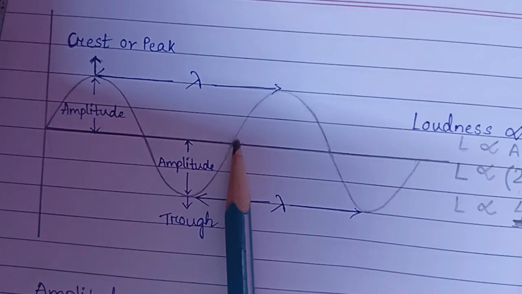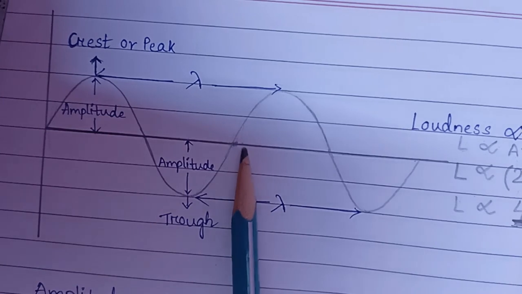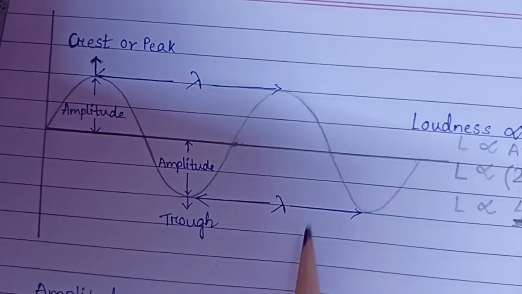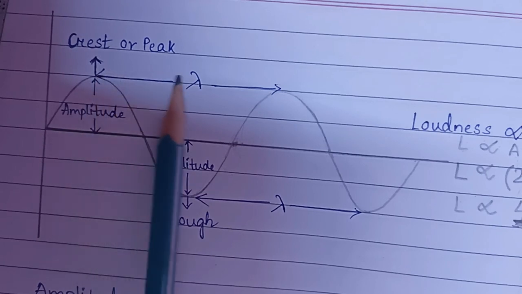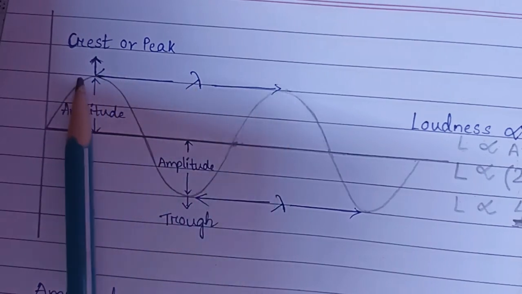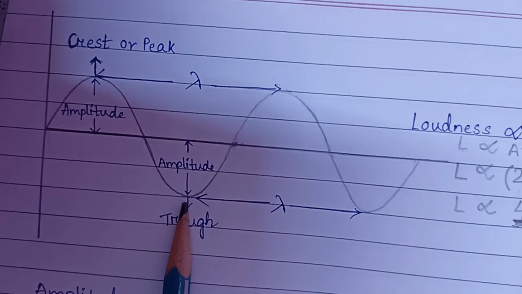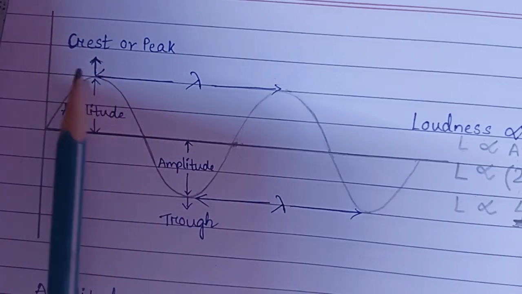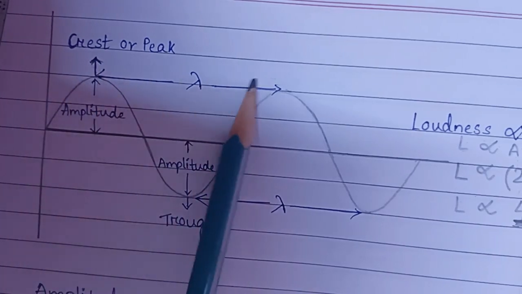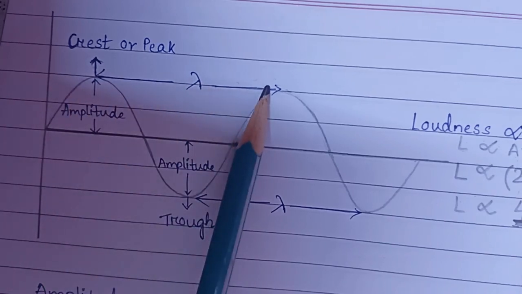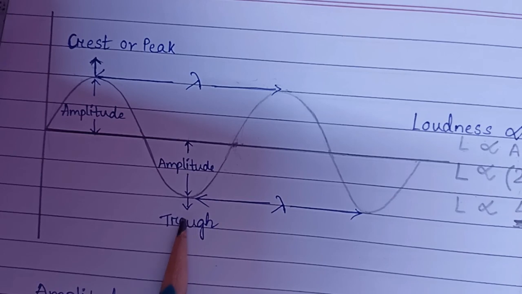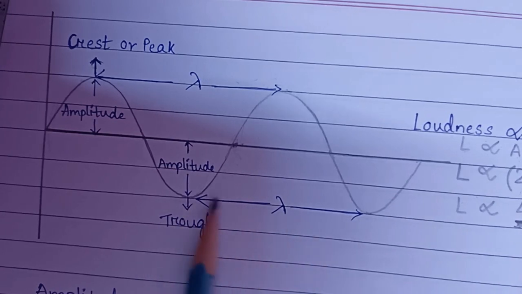And the last one is wavelength. So what is wavelength? Wavelength is the distance between two successive crests or troughs of a wave. This is a crest point and the successive crest is this. In between two crests there is a trough. Otherwise you can say two successive troughs also.